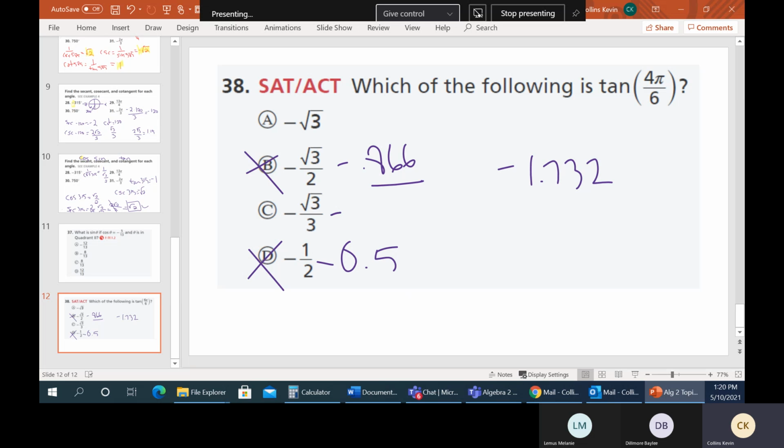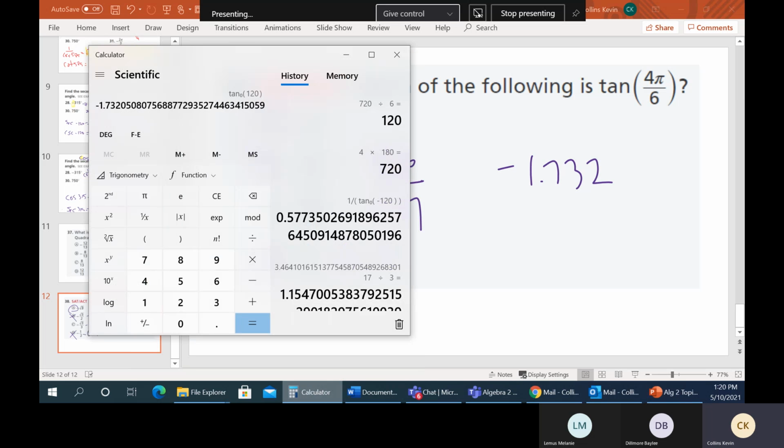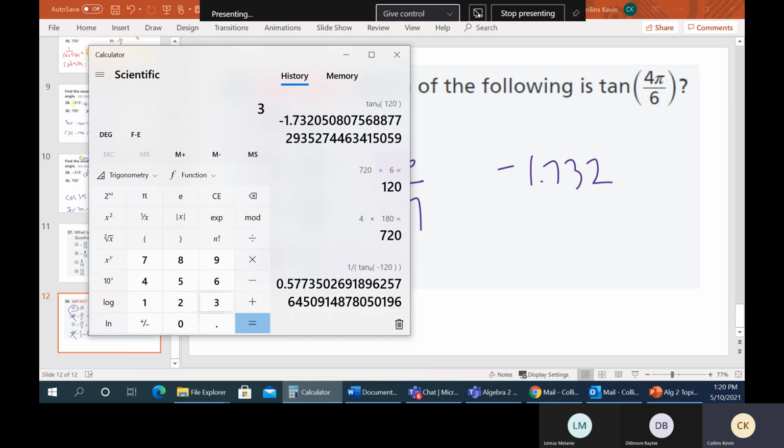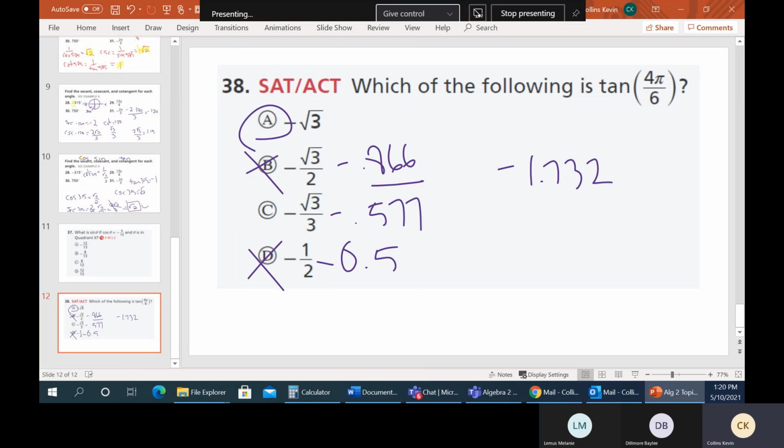I think that's the minus 0.577. So by process of elimination, it's this one. And all you'd have to do on your calculator was the same thing. You could say, well, let me start with the 3 and square root it. And there I get the same number. So it's A. See how that works? You just have to turn it into the answers that they like.